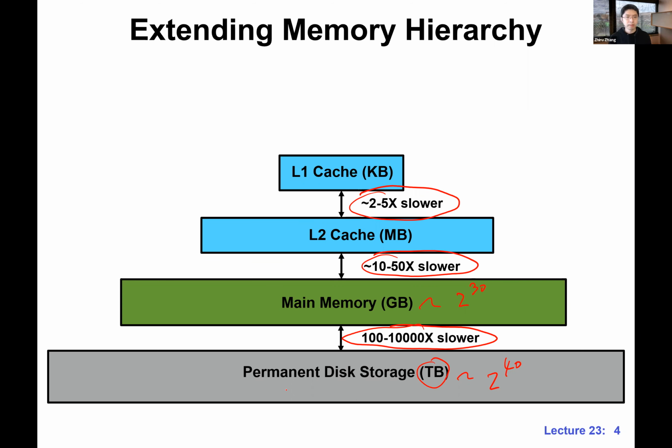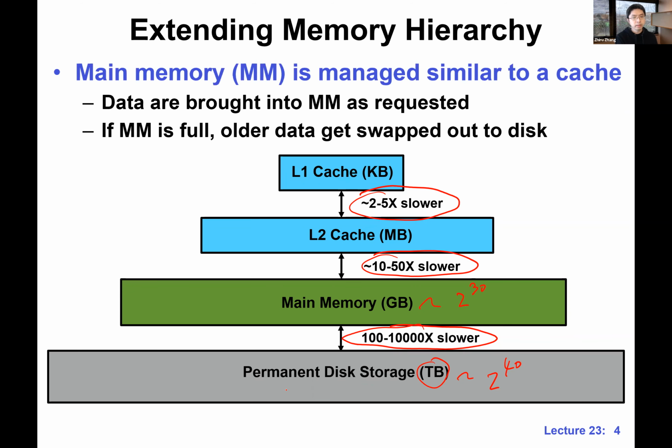It's much slower to access, depending on the kind of media we use. These days we have faster disks like solid state drive, SSD or flash, but they're still at least 100x slower than regular memory. And if you use a more traditional magnetic disk storage, it's easily 10,000x slower. This is useful to know.